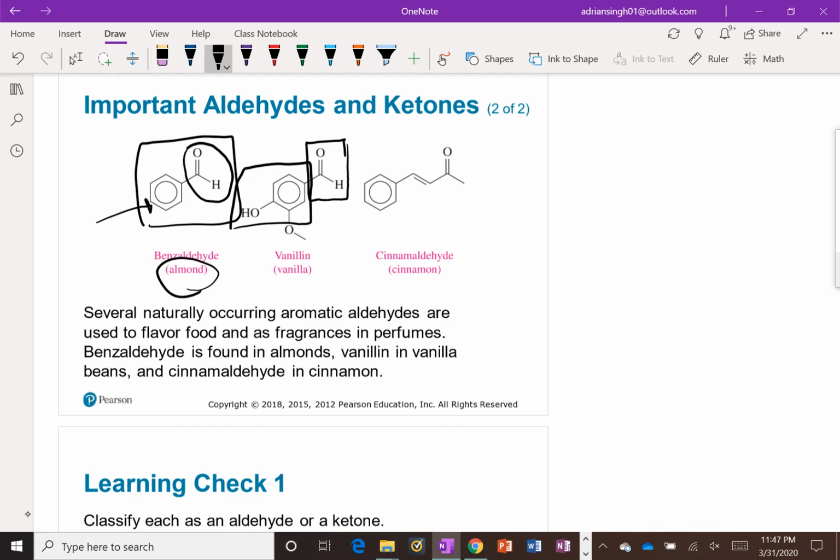And then cinnamaldehyde, so vanillin, by the way, found in vanilla. And then cinnamaldehyde, found in cinnamon, right, has the aldehyde functional group here at the end. All right, so these are very common things. They're found in lots of places, and they're responsible for typically the smell or the odor or the fragrance of these common substances.